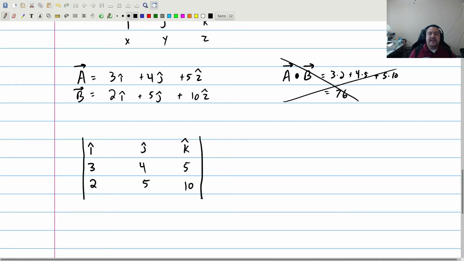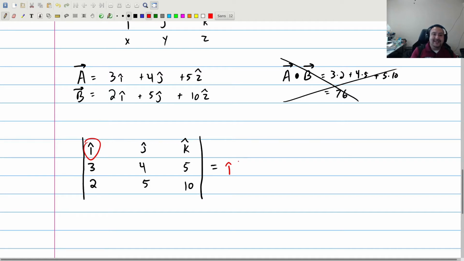In order to find the determinant of the matrix, we're going to use a method called minors. So from this, we're going to make 3 2x2 matrices. What do I mean by that? Well, here's what we're going to do. The first thing we're going to do is take out this i hat. So I'm going to say i hat, then it's going to be multiplied times the determinant of a 2x2 matrix.